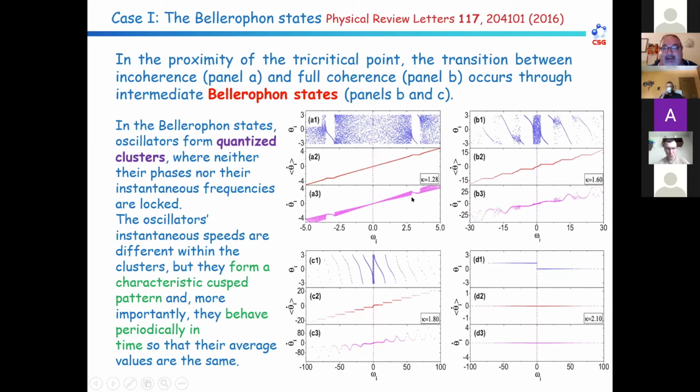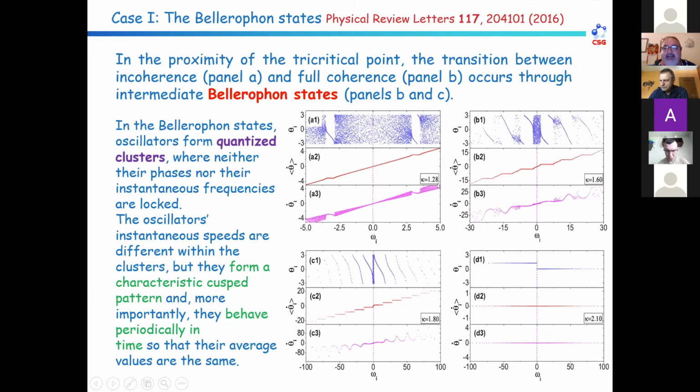So when the coupling strength is very low, I am in a fully incoherent state. So you see that there is no correlation in the instantaneous frequencies, no apparent correlation in the phases, and no correlation also in the long time average of the frequencies. On the opposite, when the coupling strength is very large, you obtain that all the phases are locked, all the frequencies are locked, all the time average frequencies are locked.